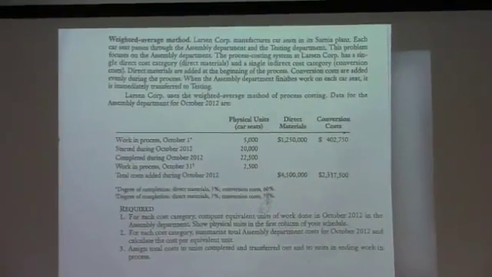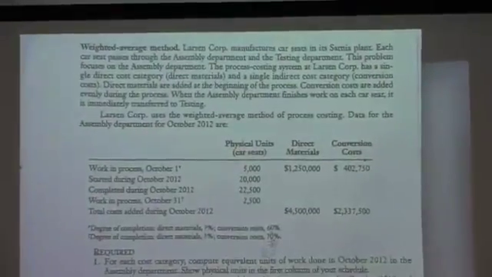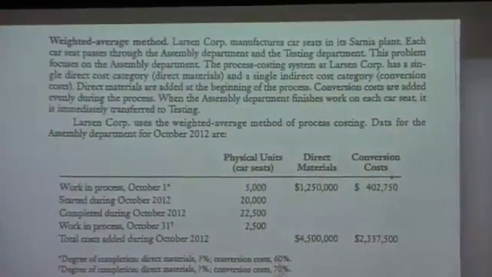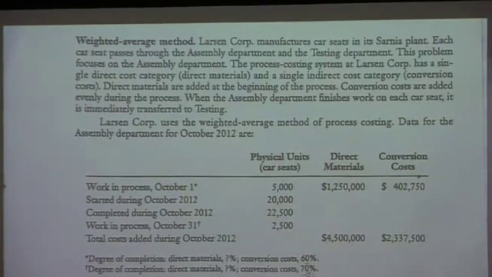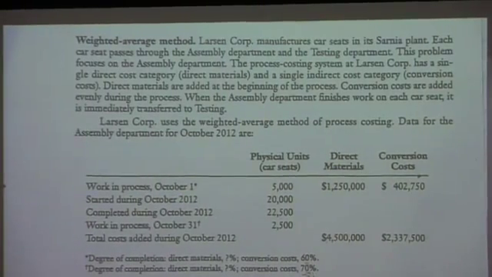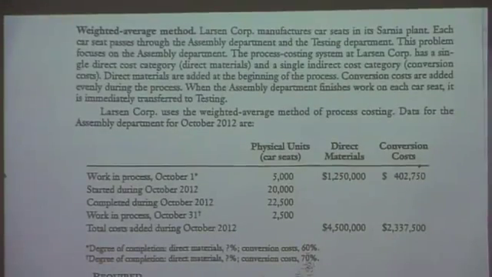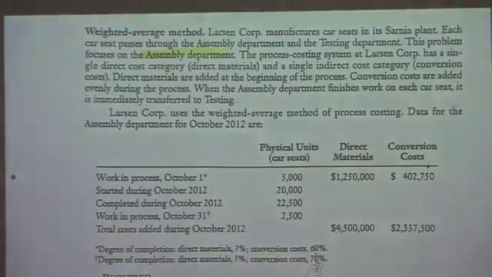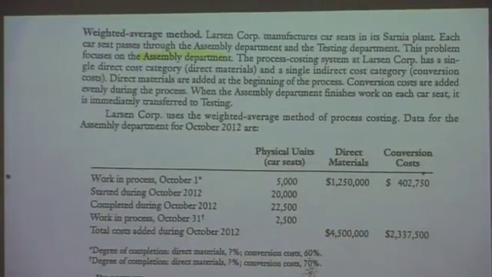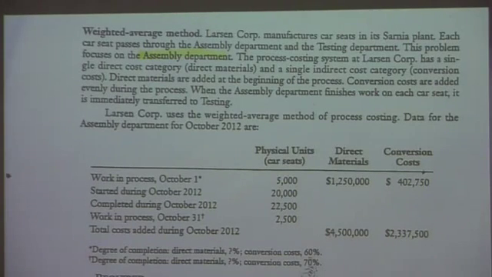Larson manufactures car seats. Each car seat passes through the assembly line and the testing department. So there are two departments. This problem focuses on the assembling department only. The process cost system at Larson has a single direct cost driver, direct material, and a single indirect cost driver, conversion cost.